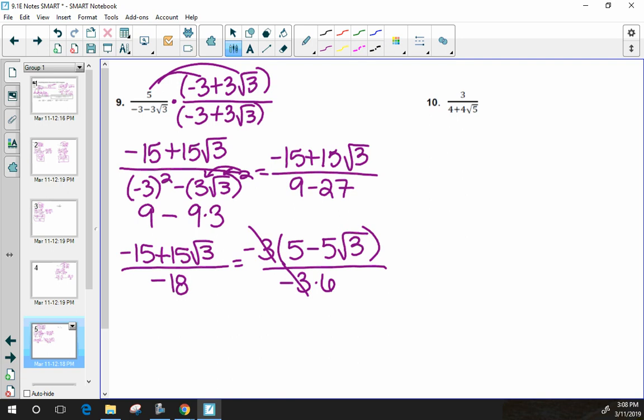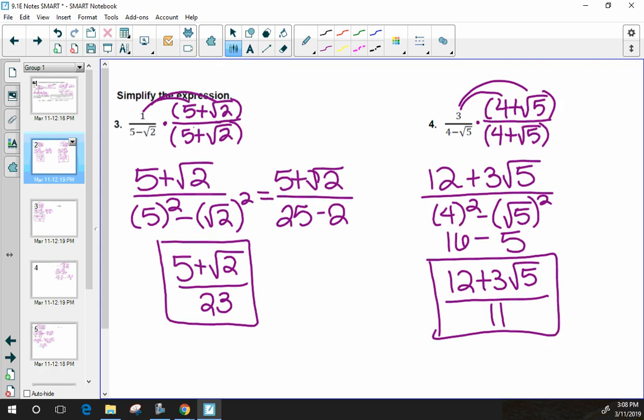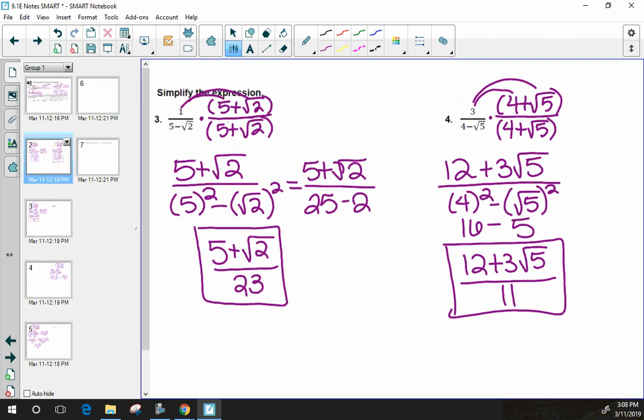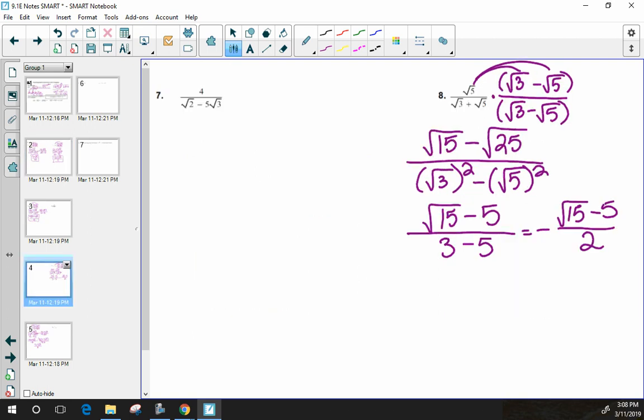So the final and best answer here is 5 minus 5 square root of 3 over 6. And this is how I know that's really simplified, because all 3 of these don't have anything in common among all 3 of them. That's kind of what we were checking for. And all of these, 5, 1, and 23, those don't have anything in common. 12, 3, 11, those don't have anything in common. So we were okay, but that's what we're looking for each time.